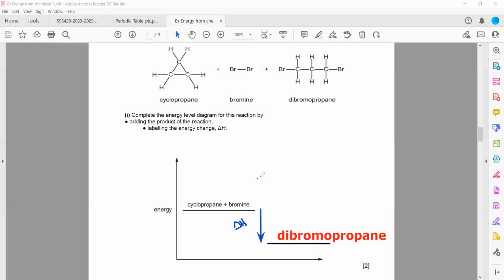You would mark the position where the reaction starts and draw an arrow from the start of the reactant to the top of the reaction. That energy is known as activation energy. But in this question, there is no need to mark activation energy, as they only ask for the product and the energy change.